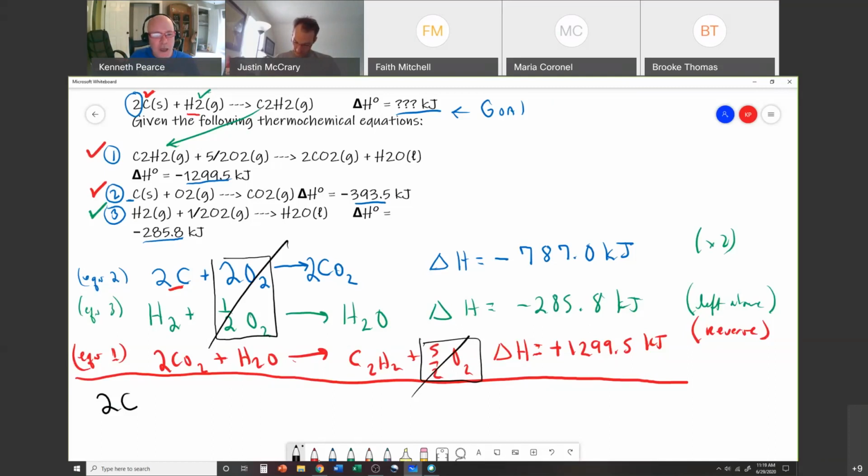Okay. And I look on the right-hand side on my first equation, and I see 2 CO2s, and I see 2 CO2s down here, and so that takes care of that. I see hydrogen. Now dropping down the equation number 3 here, I see the hydrogens. I don't see hydrogens anywhere else, so they survive and make their way down to the bottom.